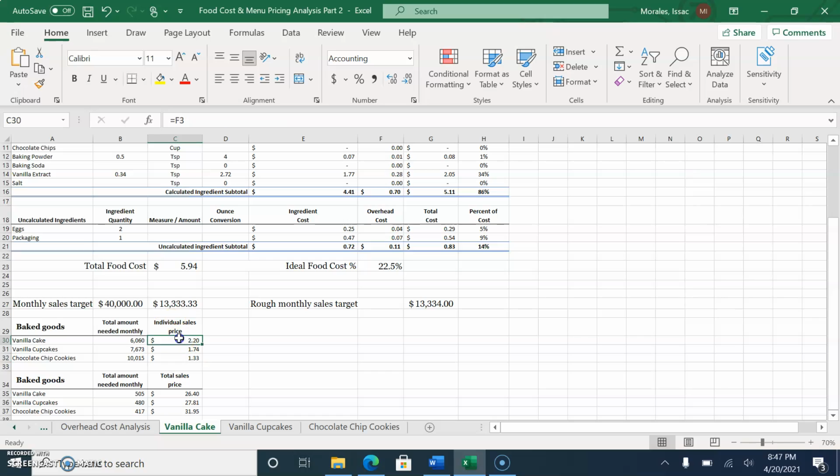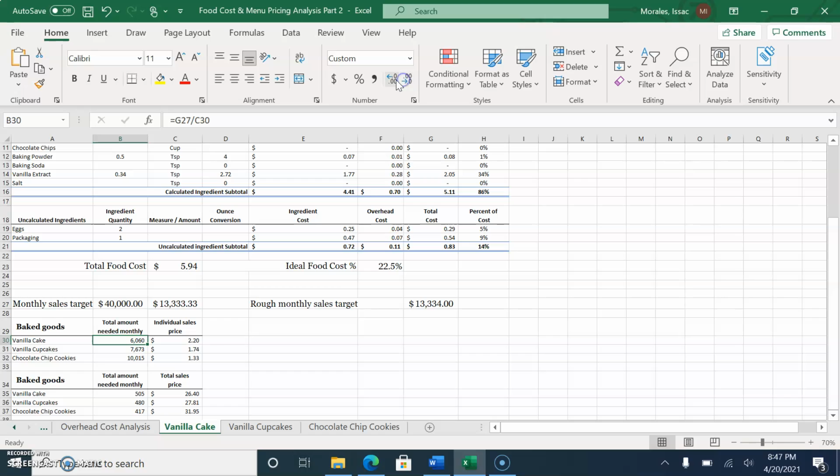So going back to how I got these numbers, I took this roughly monthly sales target and divided it by the individual sales price. That's what I did here in the total amount needed monthly. I divided the number by the price, and I got this amount here.